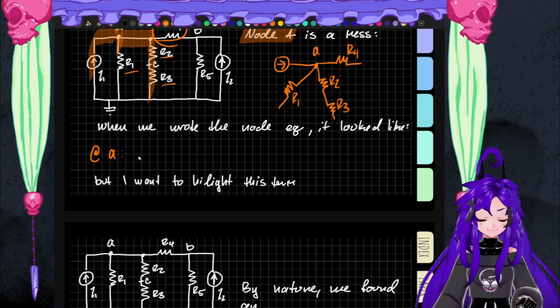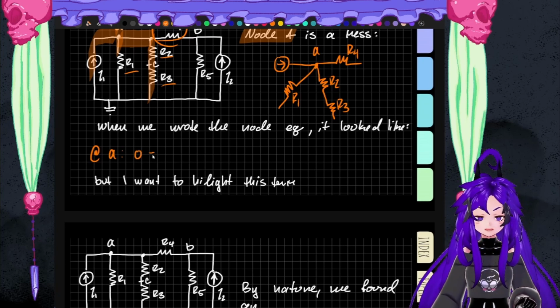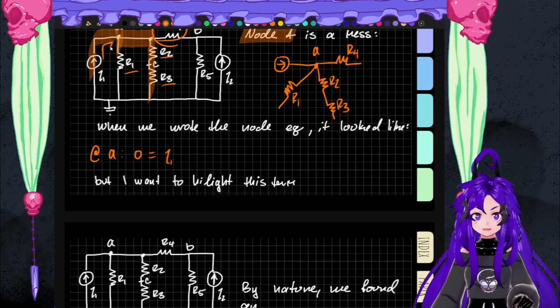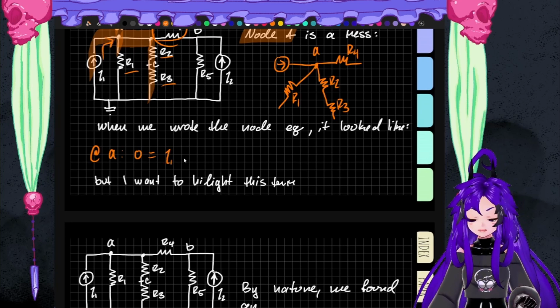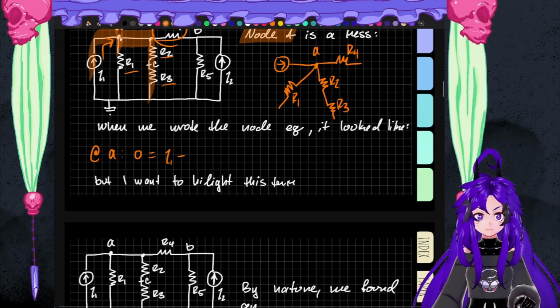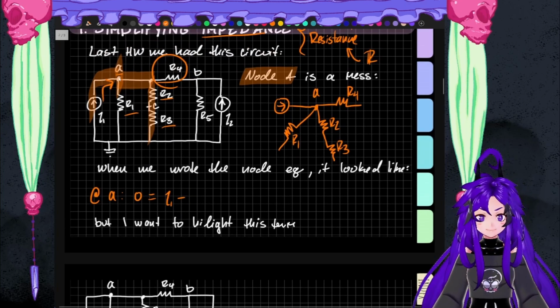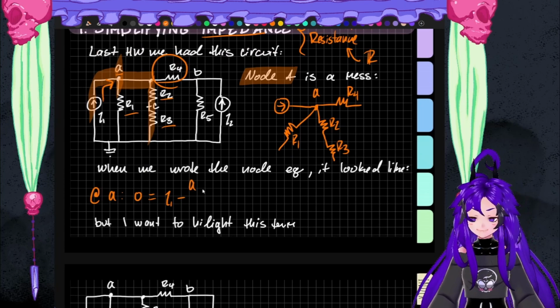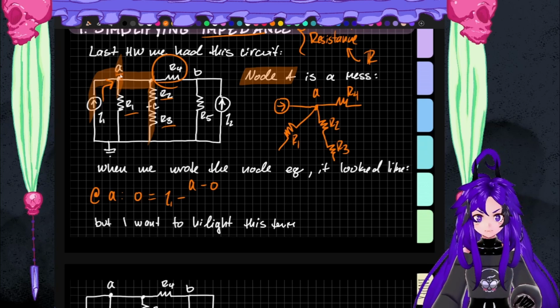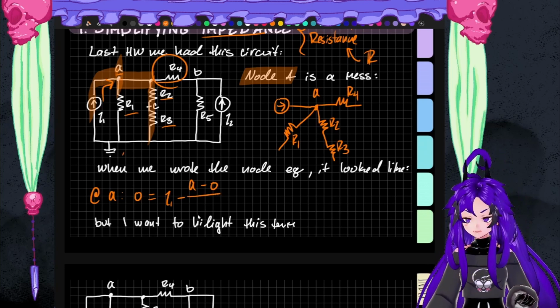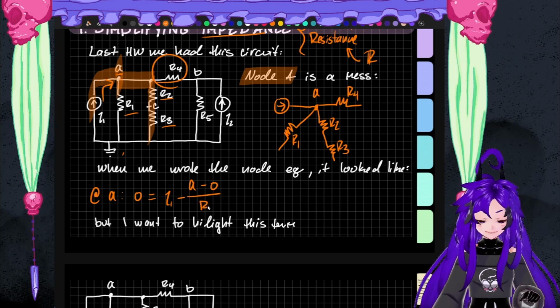So, we're going to have 0 equals I1, because that's what's coming in to A. Then minus A minus 0, because it's A to ground, all over R1.